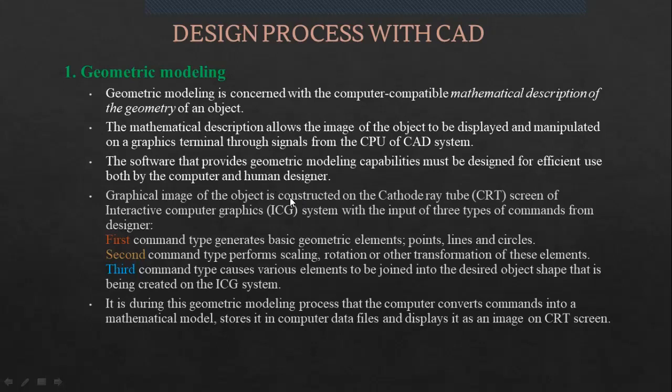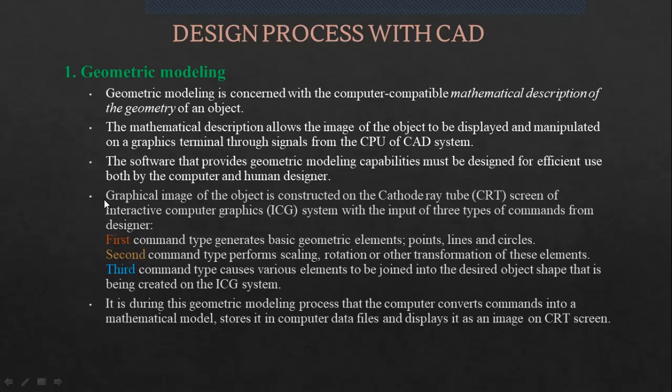All the different features or dialog boxes that the software gives should be easily understandable by the user. And the inputs given by the user should be translated effectively by the software. The software should be able to understand what the user is trying to do. So that is what is meant by efficient use.